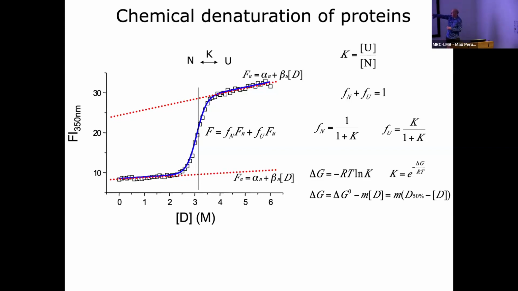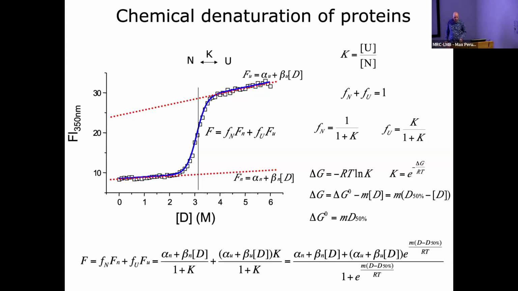So then the energy is 0. So we can then say that the standard delta G is equal to the concentration of denaturant where 50% is folded and 50% is unfolded. So we can just go through the maths.